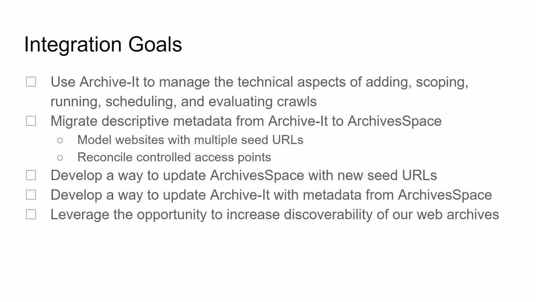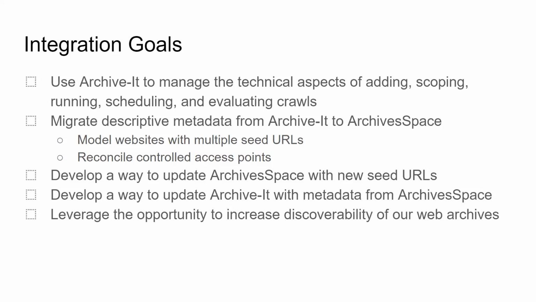We also wanted a way to get metadata from ArchiveSpace to ArchiveIt, because regardless of where we were authoring that description, we still wanted it to be updated and discoverable through the ArchiveIt public access interface. And finally, we wanted to leverage this opportunity, all this metadata cleanup and management enhancement, to generally increase the discoverability of our web archive.